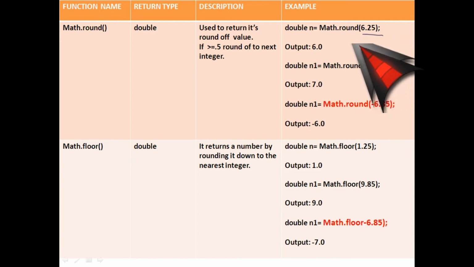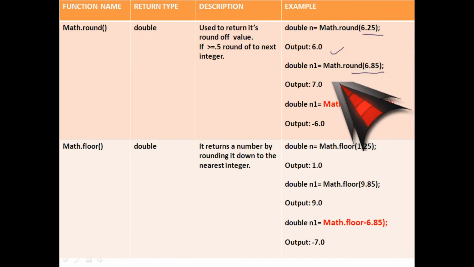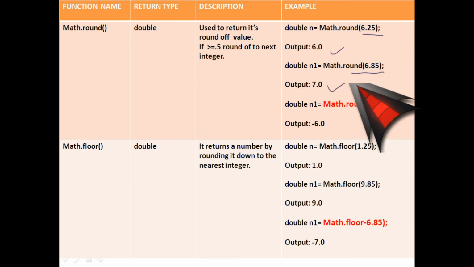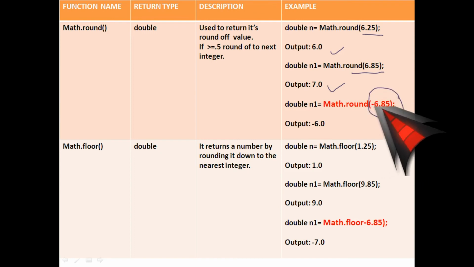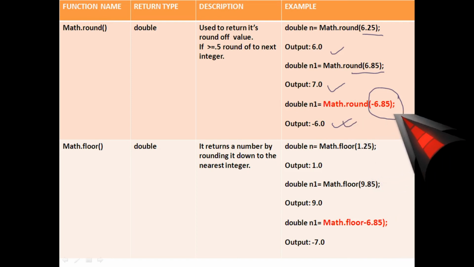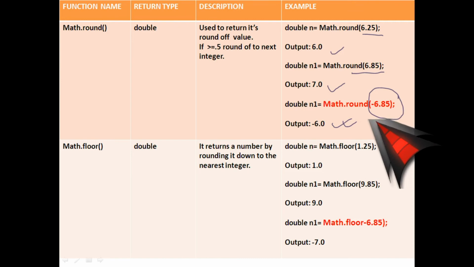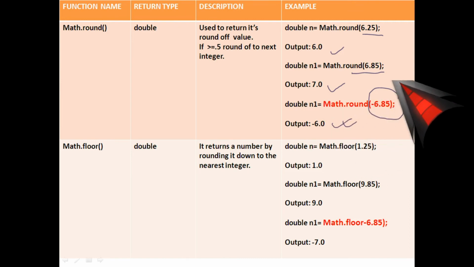But if it is 6.85, then it is rounding off to the higher integer. Please remember, in case of a negative number, minus 6.0 is the higher value than minus 6.85, not minus 7. So for a negative number, be careful. We have to lower down the value to get the greater value.